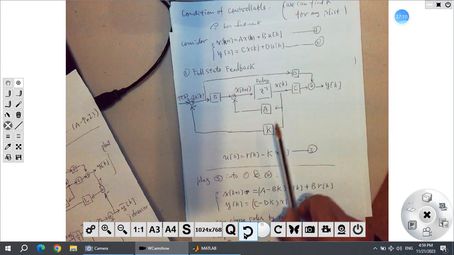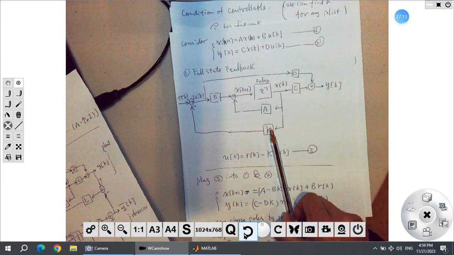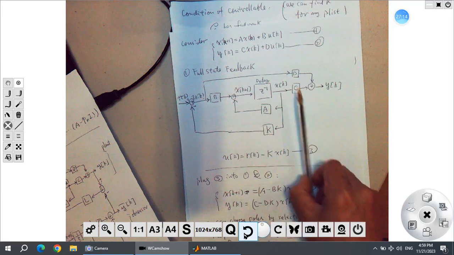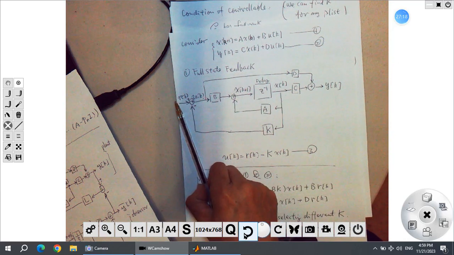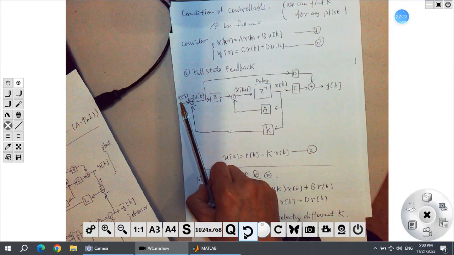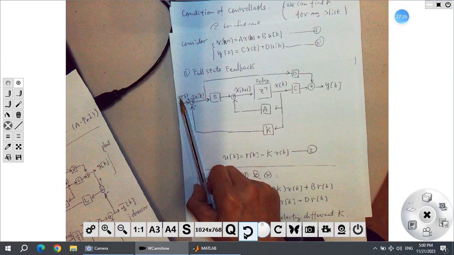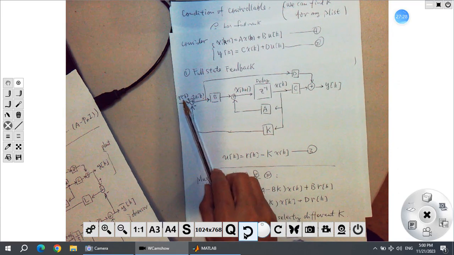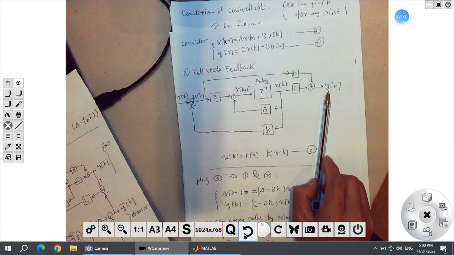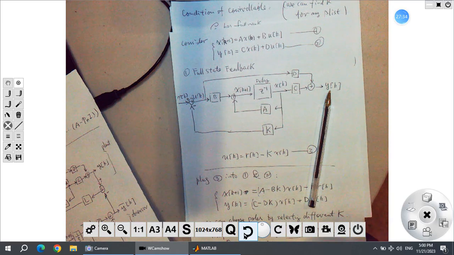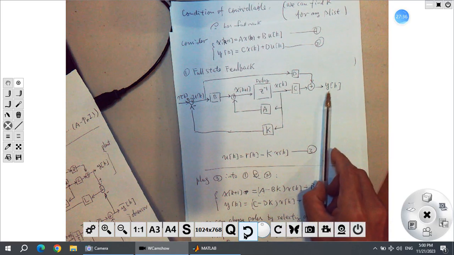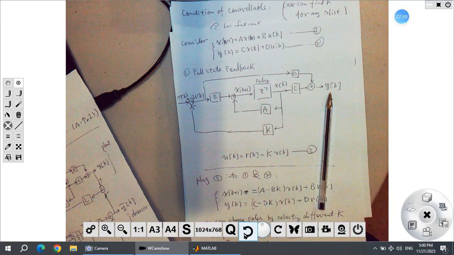After selecting K, you make the whole closed loop system stable, and then you want to select the controller U of K. You input this U of K to the system so that you can drive Y to reach a certain value, like 100.